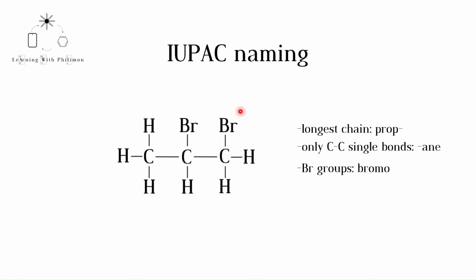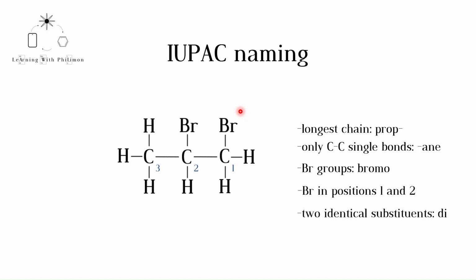In order for the substituent numbers to be the lowest possible, we must start counting from right to left. 1, 2, 3. The bromine atoms are on carbons 1 and 2. As both substituents are identical, we do not have to repeat the name bromo twice. Instead, we use the prefix di in front of the bromo.